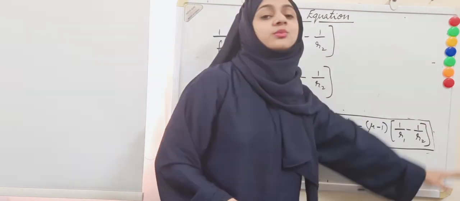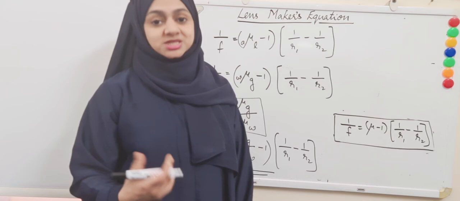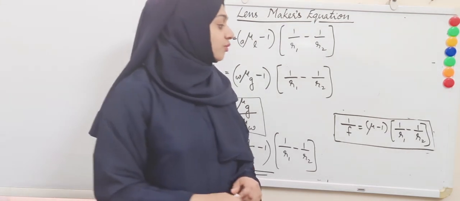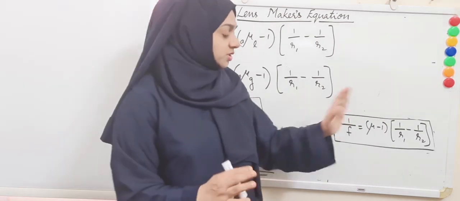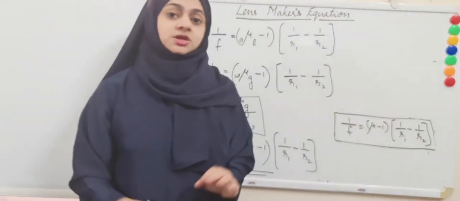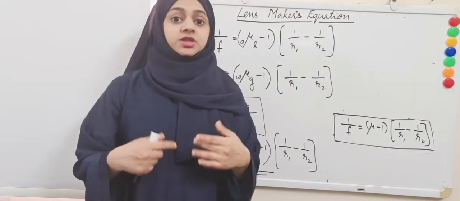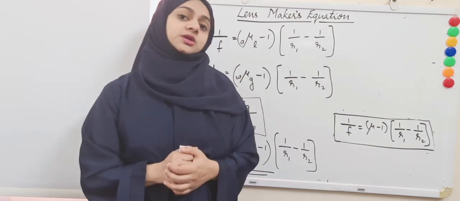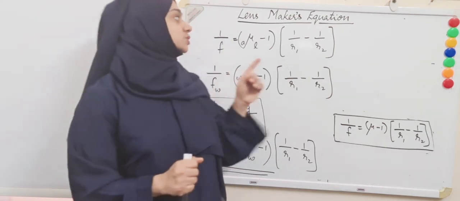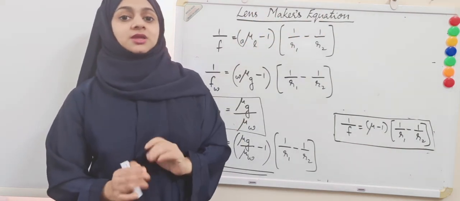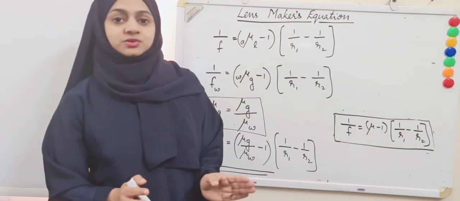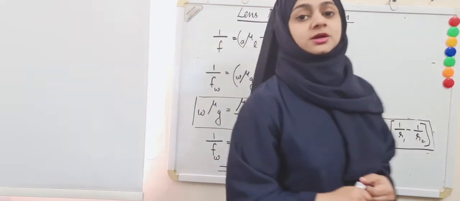Now, this is the formula used by lens makers to determine what should be the radius of curvatures of the two surfaces if they need a lens of a particular focal length. That is why it's called the lens maker's equation. Thank you. I hope this is clear to you, and let me know if there are any doubts.